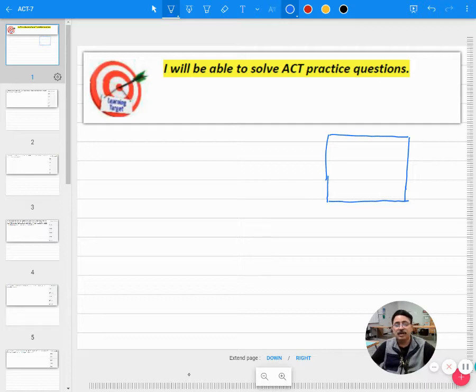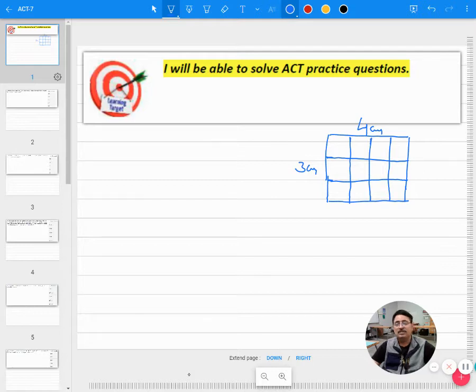Say that this is 4 centimeters and this one is, say, 3 centimeters. Then how many tiles are required to pave the floor? If this is the question, let me divide this one into 3 parts, vertically 4 parts.